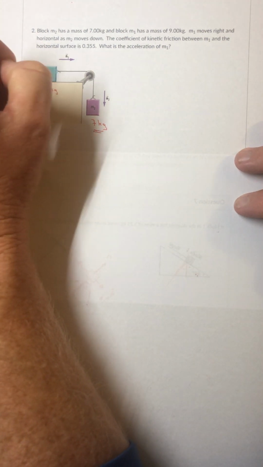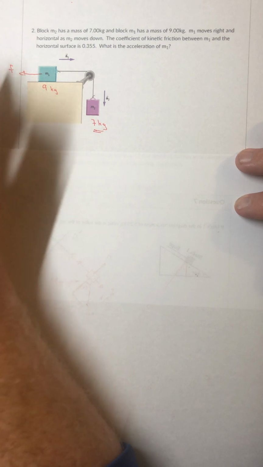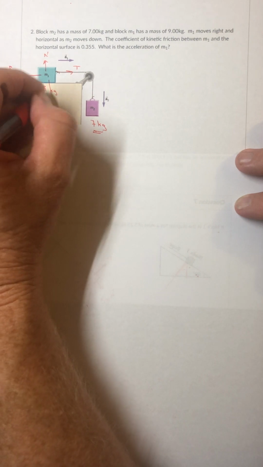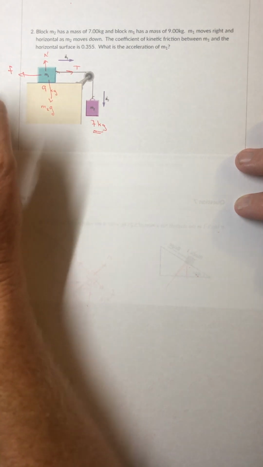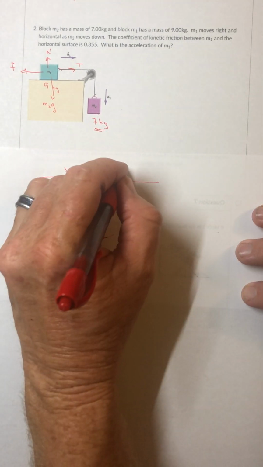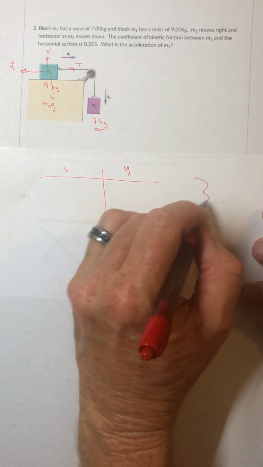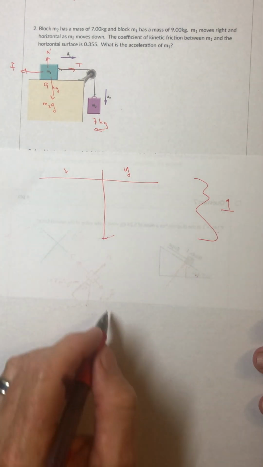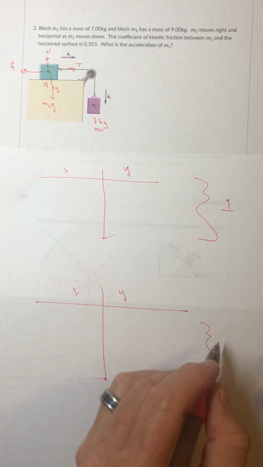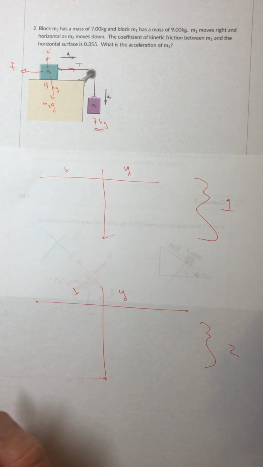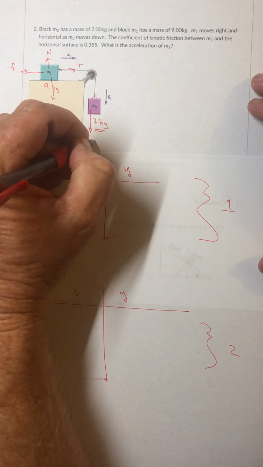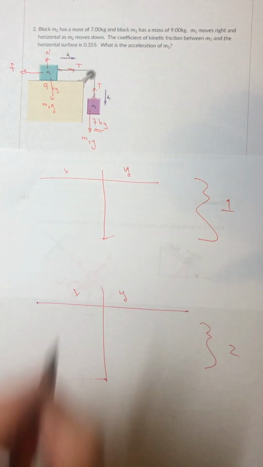So in this free body diagram, I'm going to put some friction. It's being pulled with some tension. It's being lifted up with some normal force, and it's being pulled down by M2G. So if I were to have an X and a Y for block number 1, and likewise an X and a Y for block number 2, although number 2 is a little simpler because we're going to have just gravity pulling it down, M2G, and tension pulling it up.